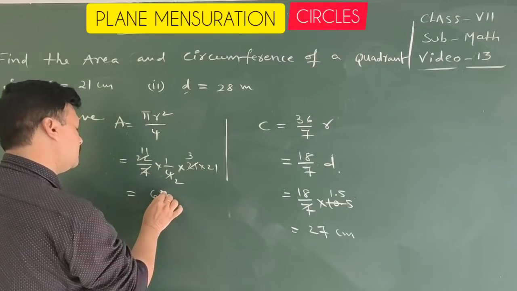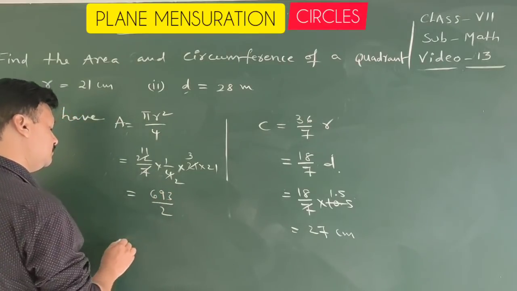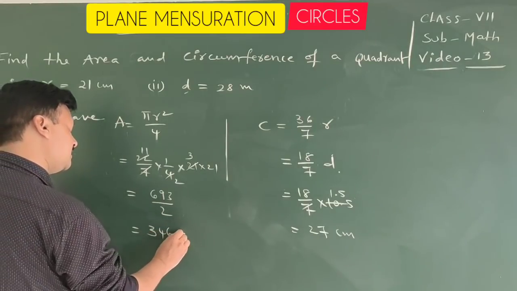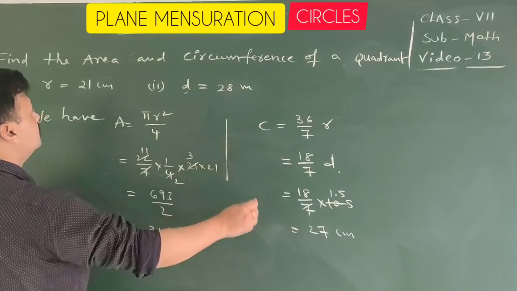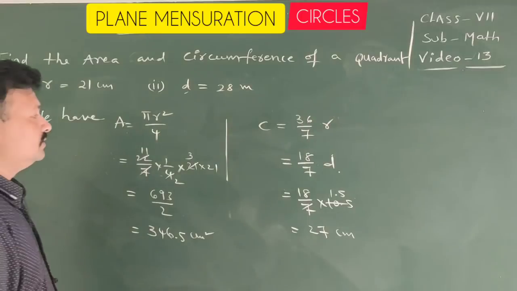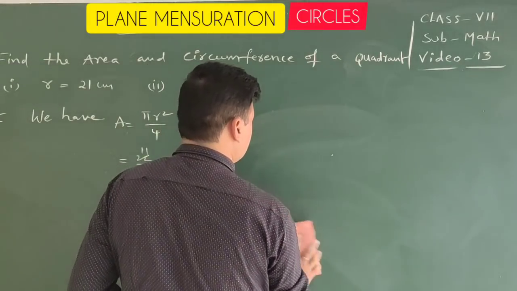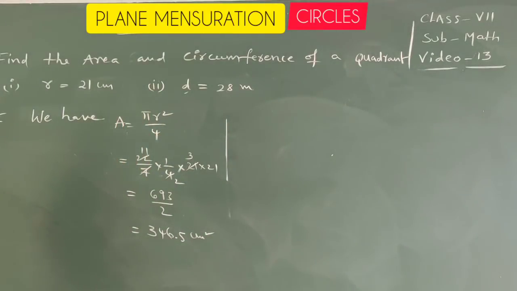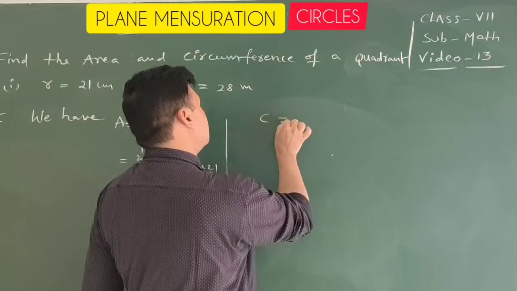Now 693 by 2, that is 346.5 centimeters square. Units are also important. In case of mensuration, they will check in terms of units also.